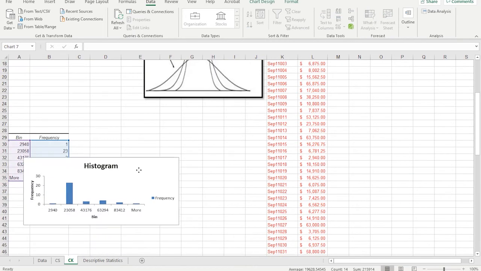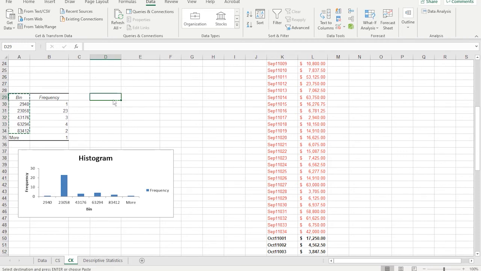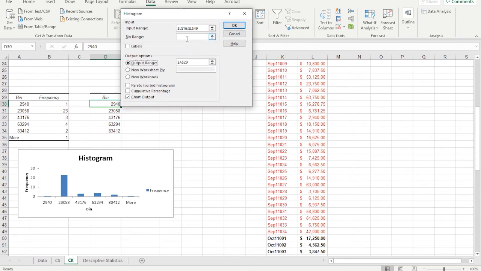Now what I'll do is I'm going to go ahead and copy this bin range right here. I'm going to paste it because since I'm going to do a comparison, I want to make sure that my bands are going to be similar for October. I don't want them to be different. And so I am going to go to data analysis, histogram.